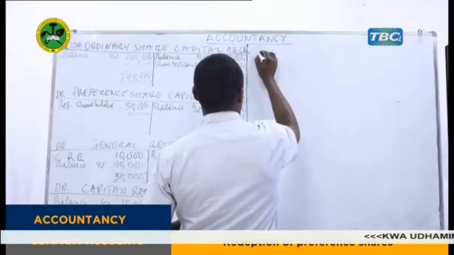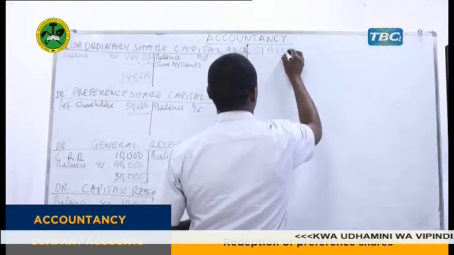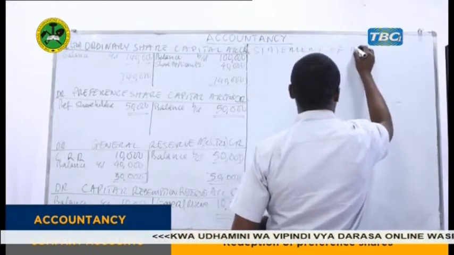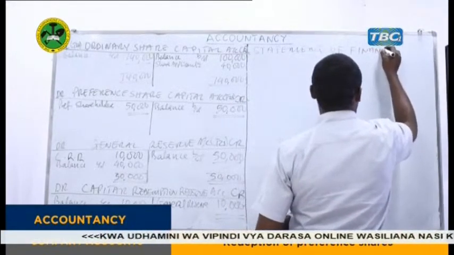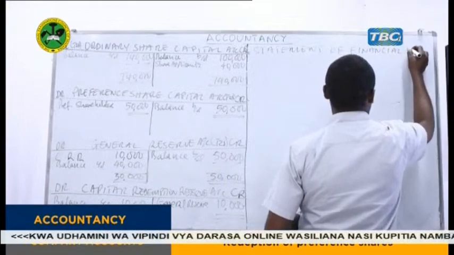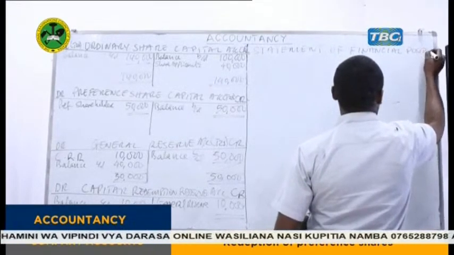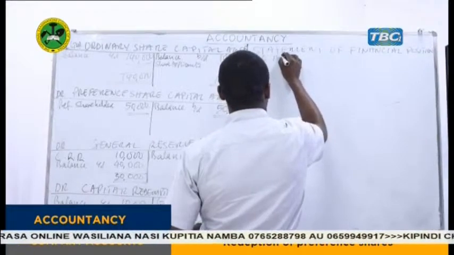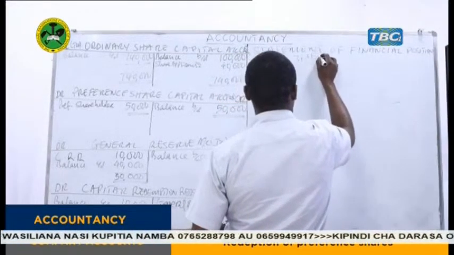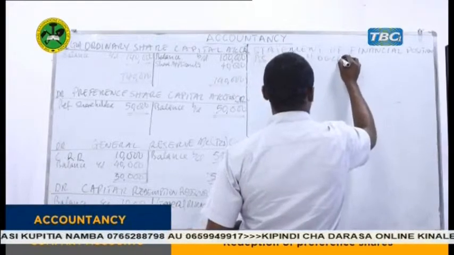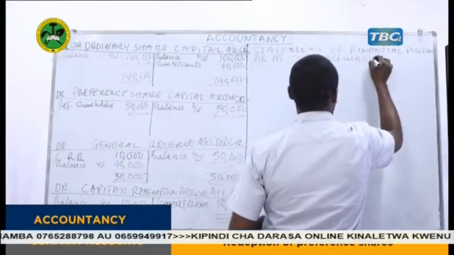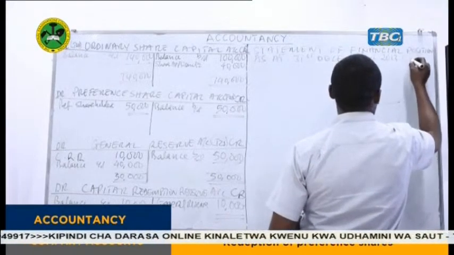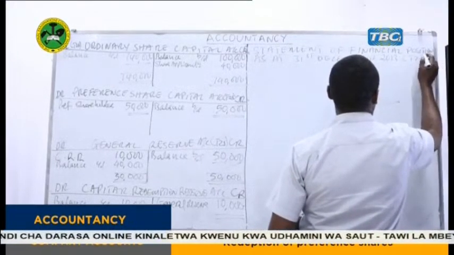So, write the heading statement of financial position as at 31st December 2013. Okay, amount should be in TZS.